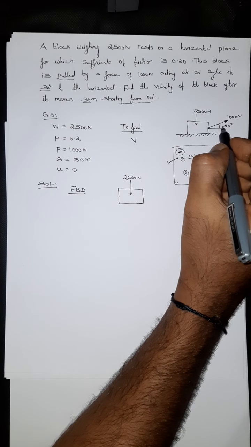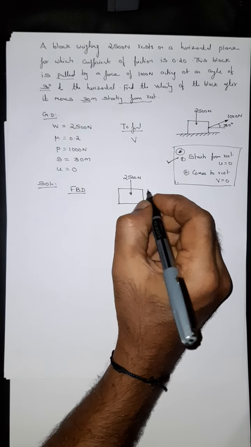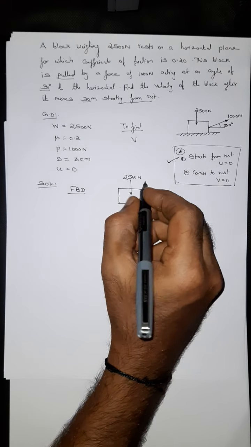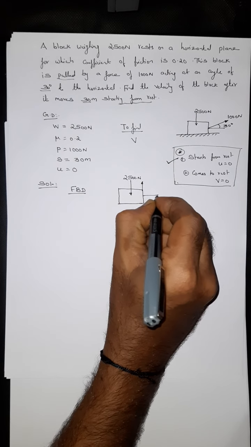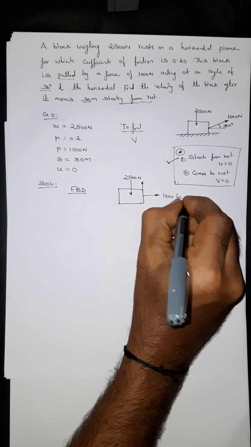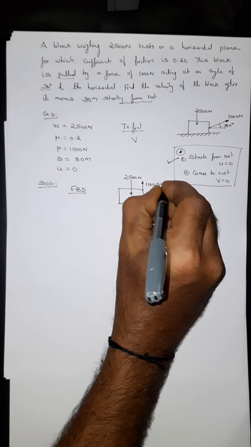Here the force acts at an angle of 30 degree, so I should convert this into vertical and horizontal components. This can be written as horizontal component 1000 into cos 30 and vertical component 1000 into sin 30.